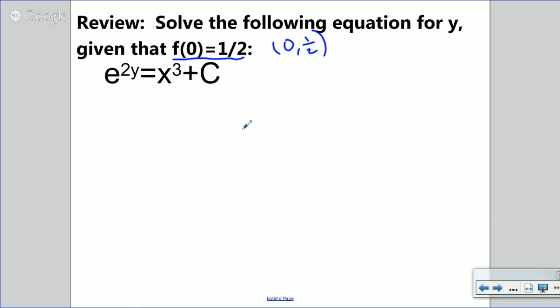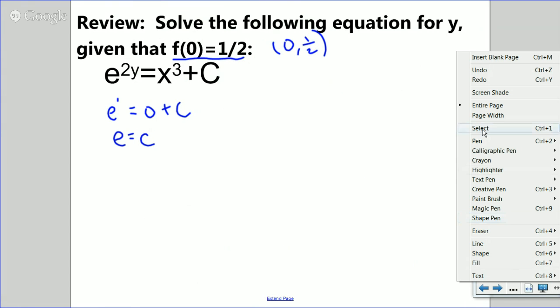Okay, so let's start by finding c. So I'm going to plug 0 in for x, 1/2 in for y. So I'd have e to the 2 times 1/2, which would be 1, right, equals 0 plus c.